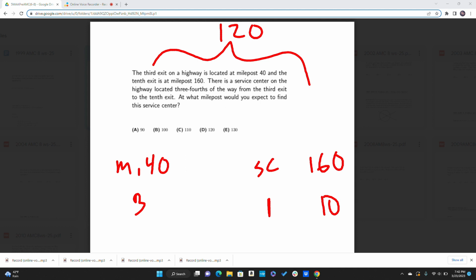It's going to take some fraction multiplication. So remember, 120 times 3 divided by 4, that's 360 divided by 4, which is 90, right? And then adding that to mile 40 says that our service center is going to be at about the 130 milepost. That's our answer.